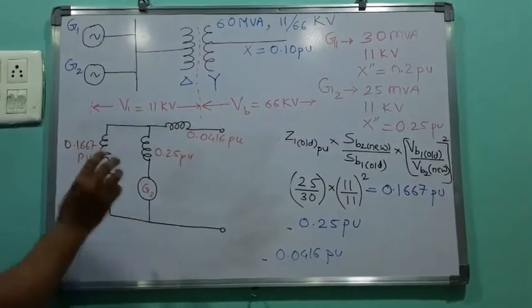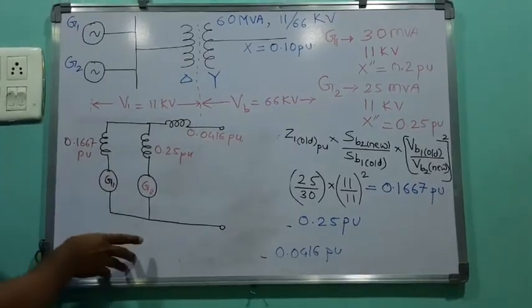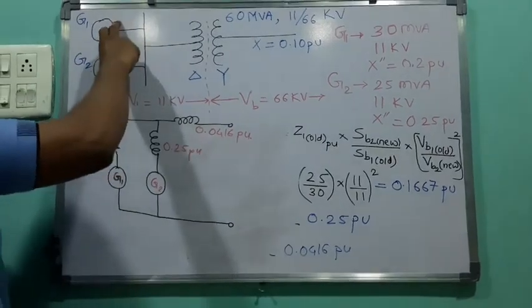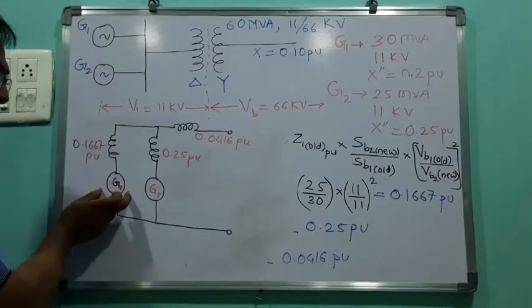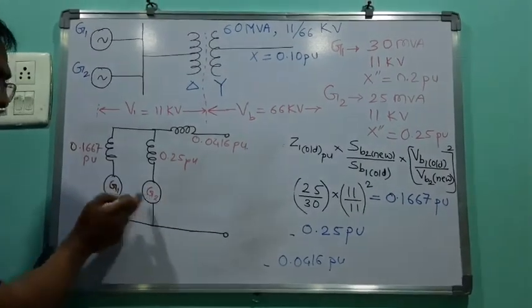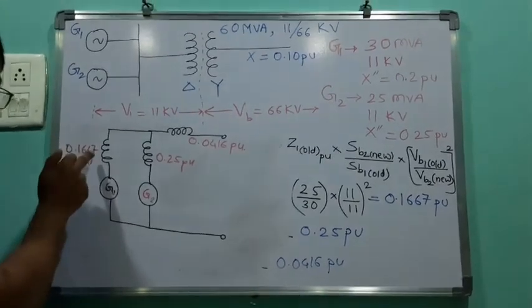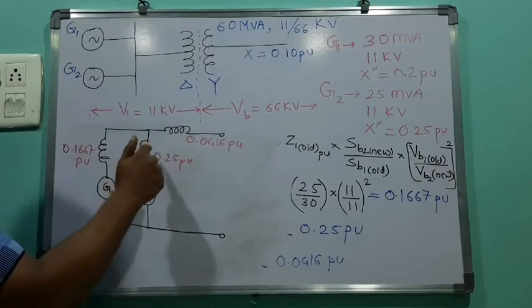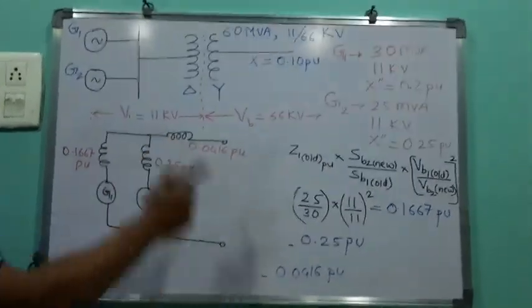While drawing the reactance diagram, first take the parameters. There are two generators in parallel, generator 1 and generator 2. This is the reactance for G1 and this is the reactance for G2, and this is in series with your transformer, so this is the reactance for the transformer.